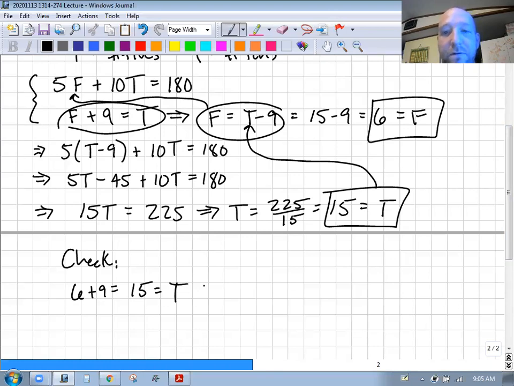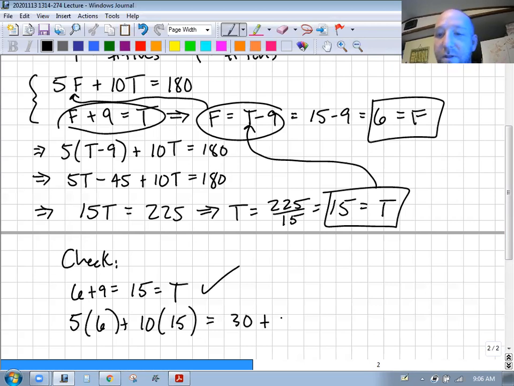So first equation satisfied. Let's check the second one. 5 times 6 plus 10 times 15. That's 30 plus 150, which is 180. So yeah, we're good to go there.